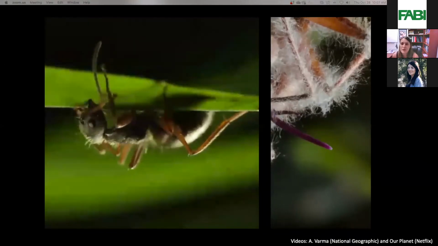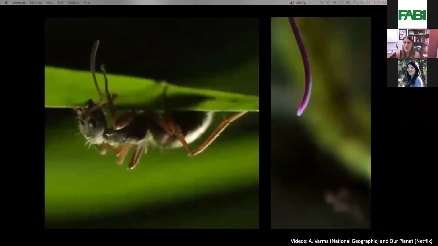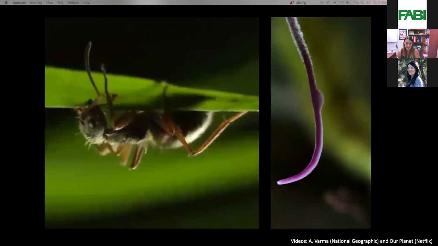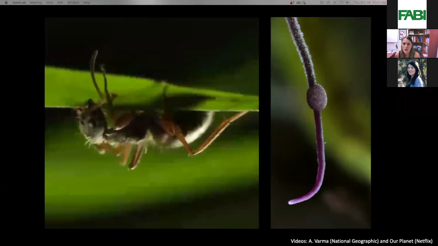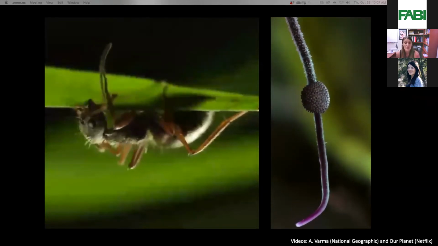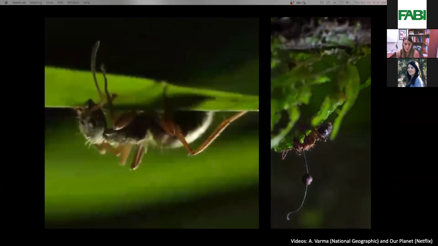However, after a certain incubation period, the infected individual will leave the nest, not to participate in foraging activities. We found that they are actually not so good at this anymore, but what they do is they wander away from the nest to find a piece of vegetation to climb and latch onto with their mandibles.